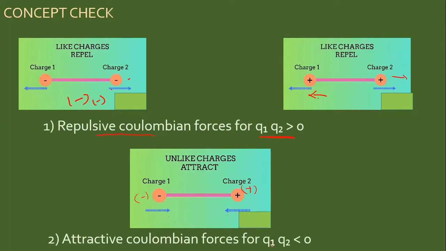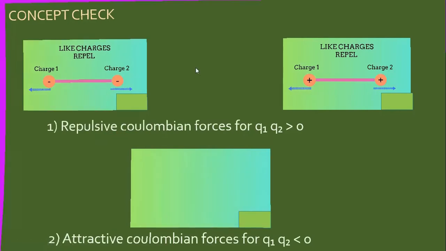So whenever it is asked, if Q1 Q2 is less than 0, that means one of the charges we are dealing with is negative and the other has to be positive. Only then will this product give us the attractive Coulombian force. So this is an important concept check related to Coulomb's law. When the Coulomb forces are repulsive, which type of charges are we dealing with, and when the Coulombian force is attractive, which type of charges are we dealing with. So please keep this in mind.